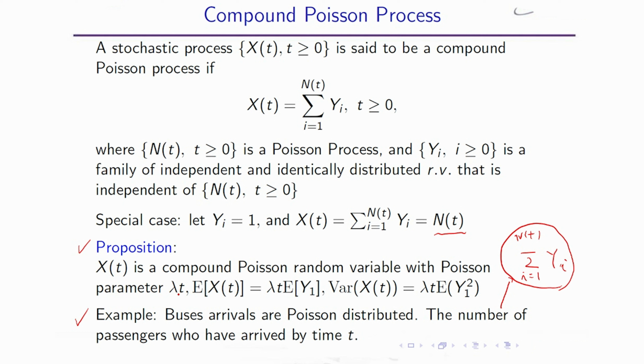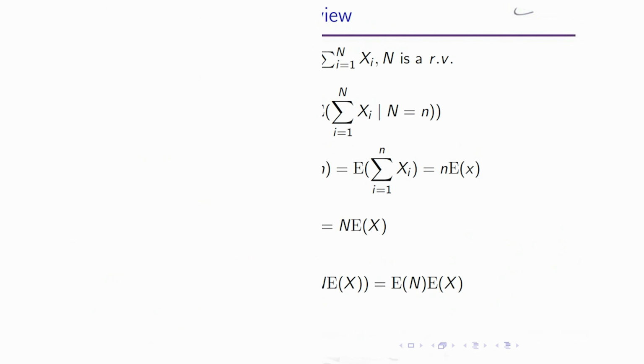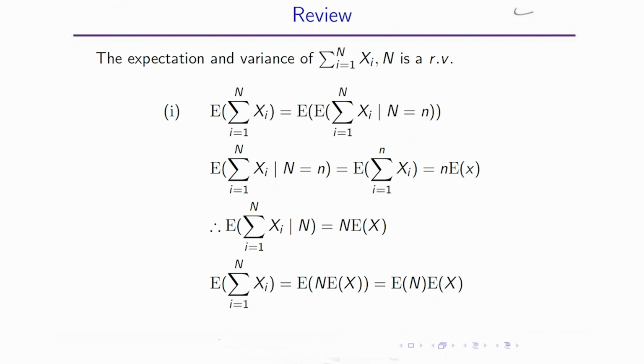But why does this proposition hold, that the expectation of X_t is equal to lambda t times the expectation of Y_1, and the variance of X_t is equal to lambda t times the expectation of Y_1 squared? Why is that? Recall that previously we have done this.